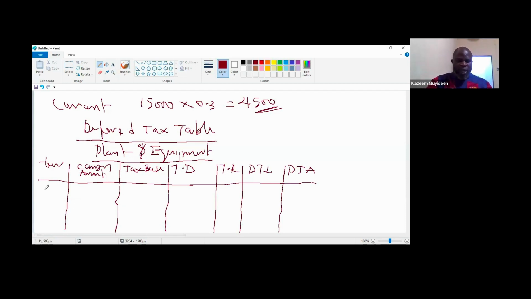In 2011, day one of the purchase, 45,000. It involved the tax people, 45,000. We charge depreciation and capital allowance.